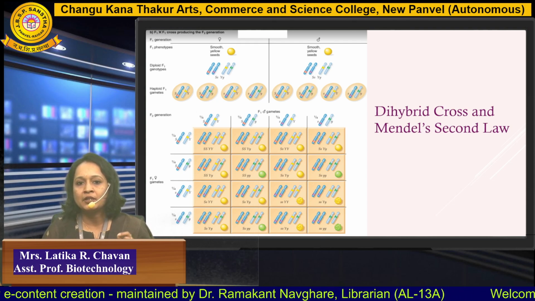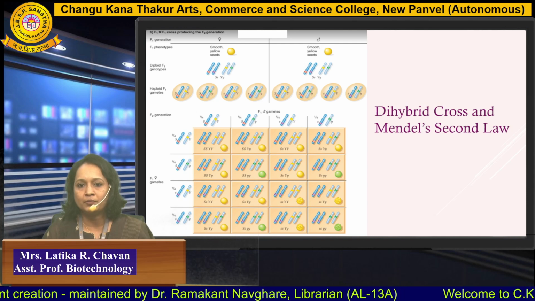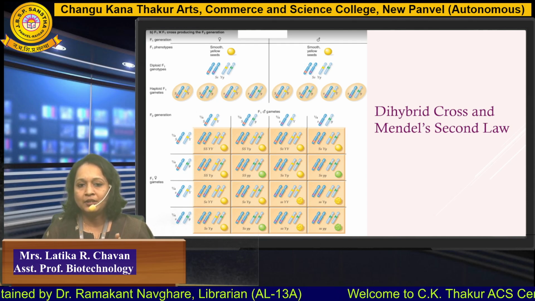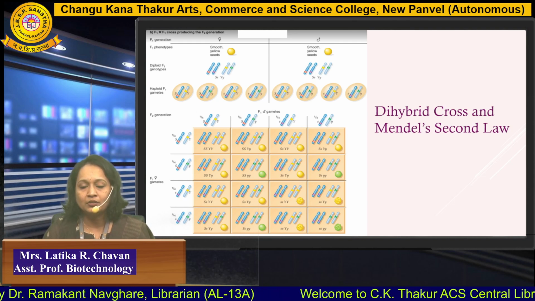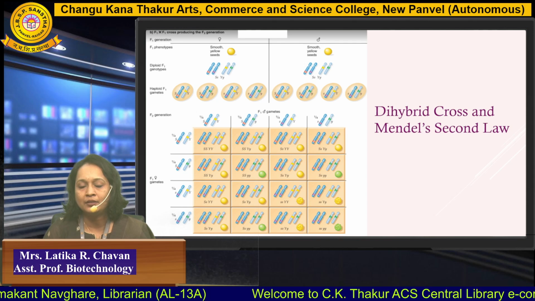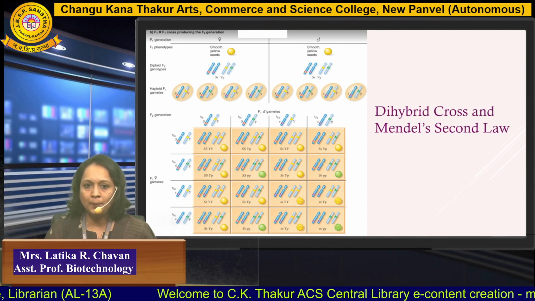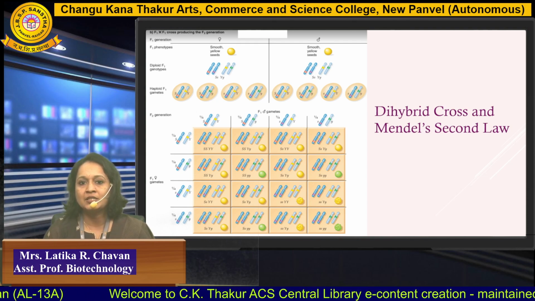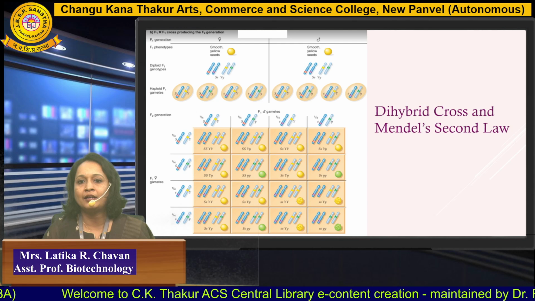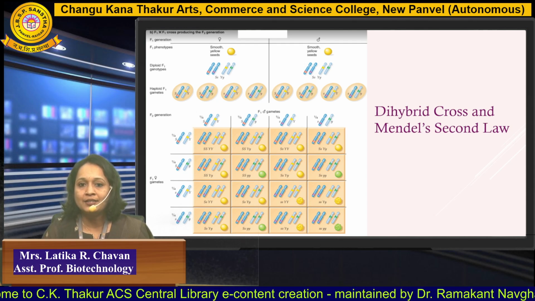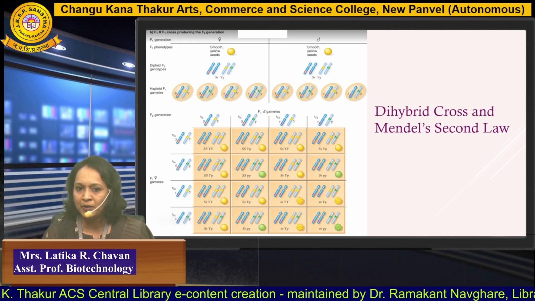If you observe the appearance of the seeds, there are 9 which are yellow round, 3 which are green round, 3 which are yellow wrinkled, and 1 which is green wrinkled. If you compare these 4 combinations with the parental ones, there are 2 new combinations produced in the F2 generation. That is because of the law of independent assortment.